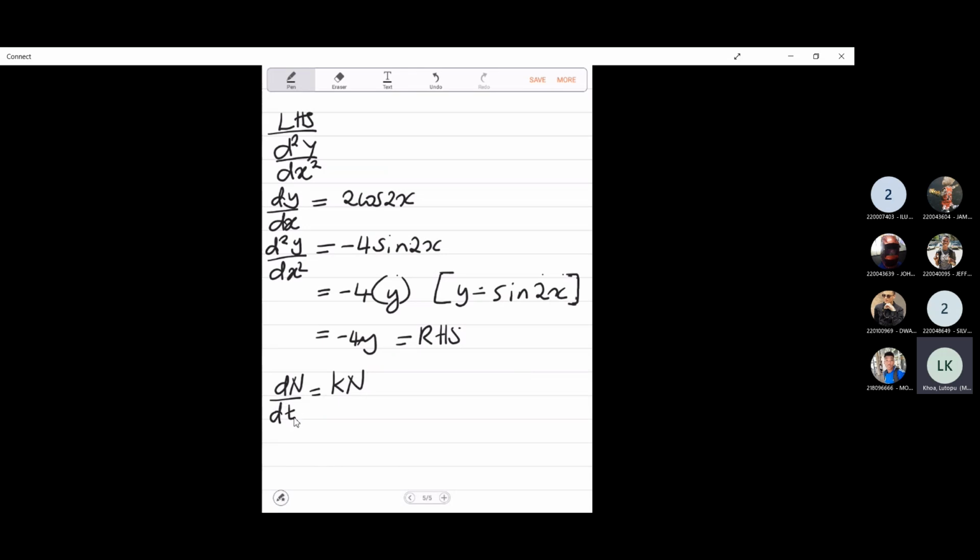So when we say dN dt, that is the change in N with respect to time. This represents the number of particles we have at a given time. And this is the formula that people who studied this have actually come up with. And here, k is a constant.